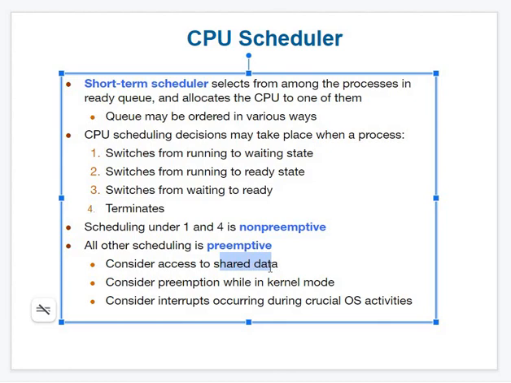A simple example: there are 140 students and we have 70 operating system books. Whoever comes first will get a textbook. So if there is shared data, there will be some algorithm for managing the resources.